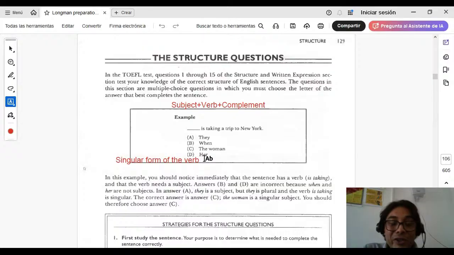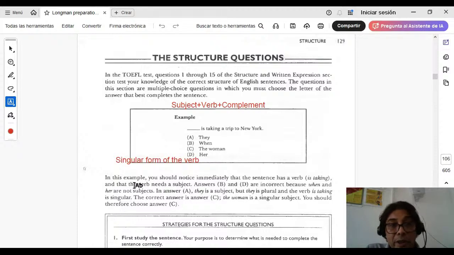This is the kind of logic that we need to go through, which we have time to do during an explanation, either by watching one of my videos or any other video or going through a book. So the only option left would be the singular noun woman, the woman.